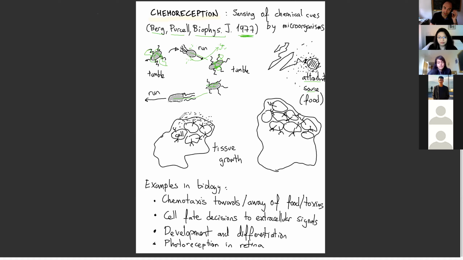The same thing happens in cells. Imagine you have a tissue like the one I'm drawing here. Okay, this is a sketch. The tissue is made of cells, and this tissue needs to grow. For example, if you make a cut with a knife, you open a wound, and then you need to recruit cells and make them proliferate and grow. This is a problem of cell-fate decisions, in which the cell has to sense that something is wrong and start proliferating.